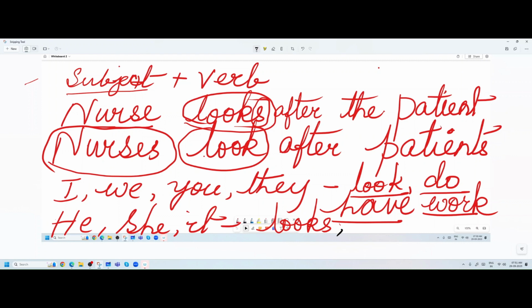He does his work. She has a dog. It works well. Now look, everywhere I'm adding an S. So this is very important when you're framing a sentence. So this subject verb agreement is very, very important.